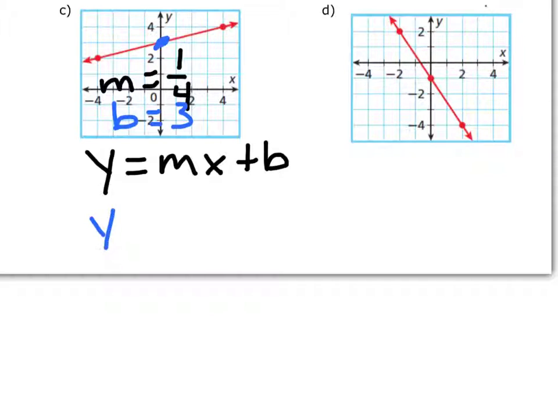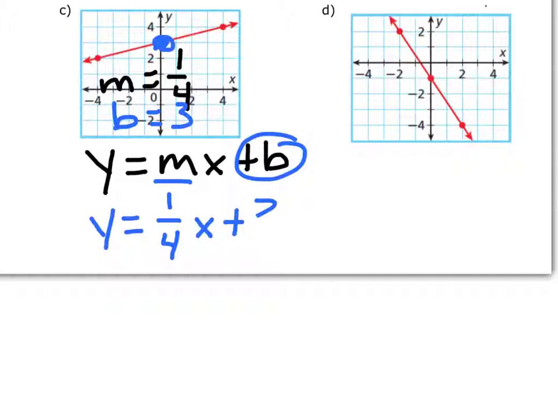So I end up with y equals, remember m is my slope, which we found to be positive 1/4. Then the x stays the same, and b is our y-intercept, where that red line crossed the y-axis at 3, so I have a plus 3. Now I want you to pause the video and try the next one on your own.